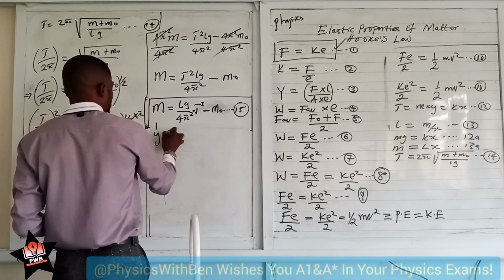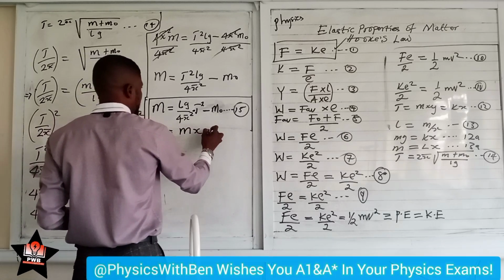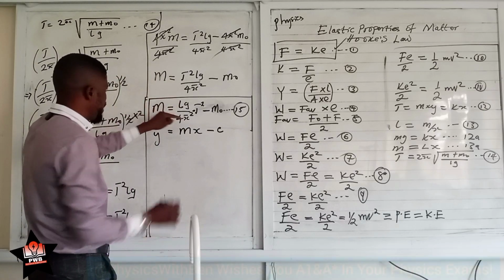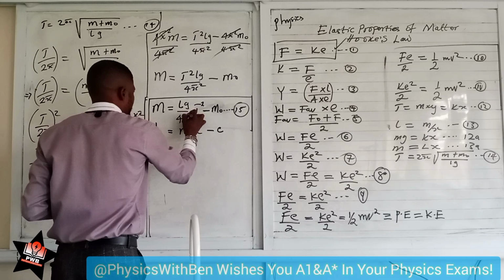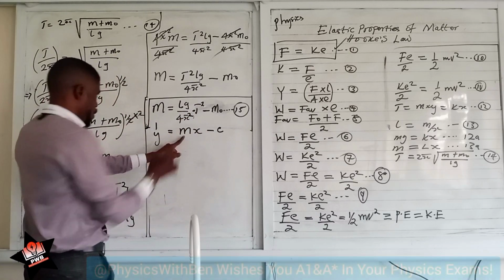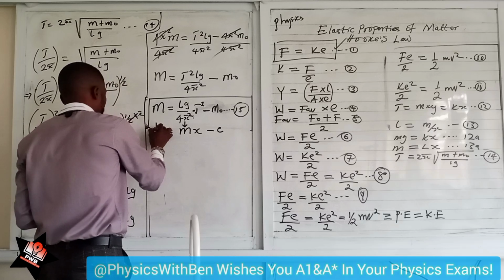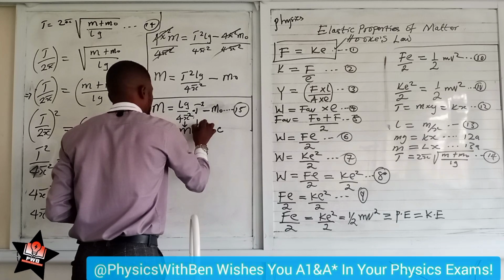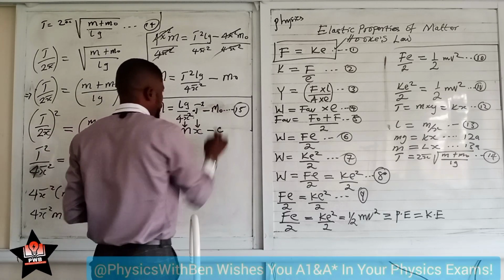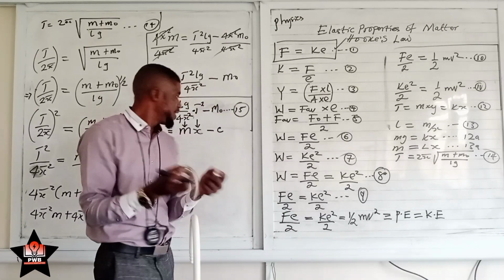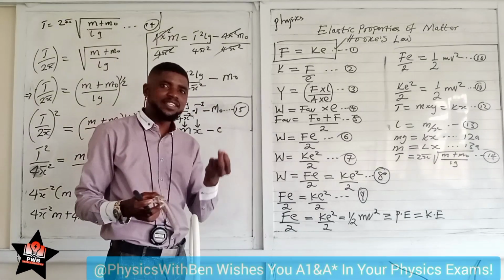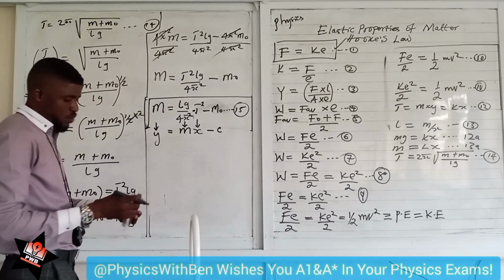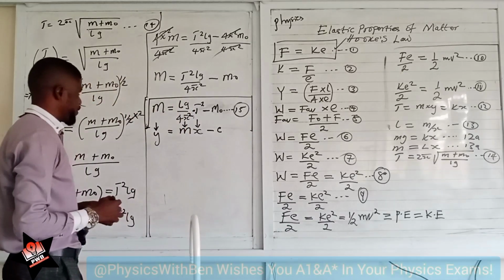This is your y is equal to mx minus c. In this case, lg over 4π squared is the slope of the graph, and the T squared is the value to be plotted on the x-axis, while m naught, which is the mass of the unloaded spring, in this case is the negative intercept on the negative y-axis.